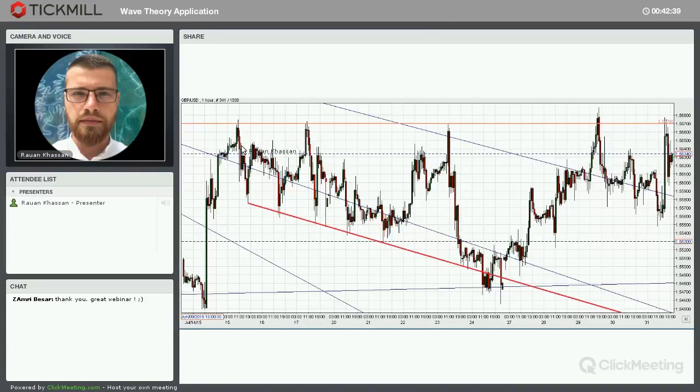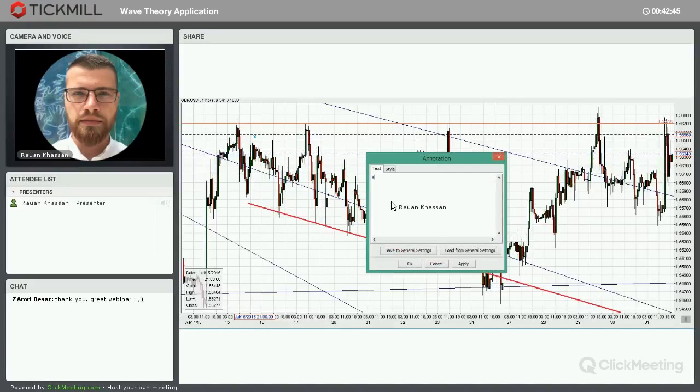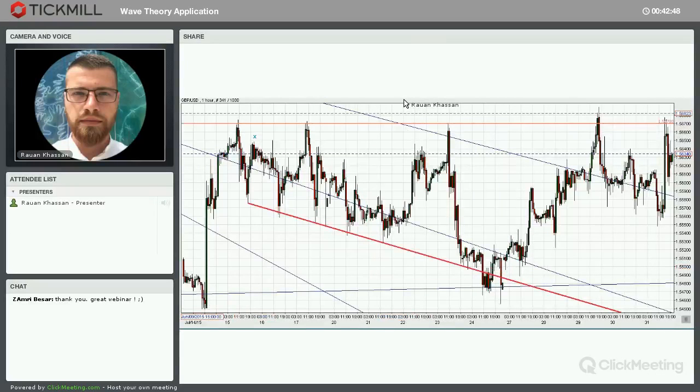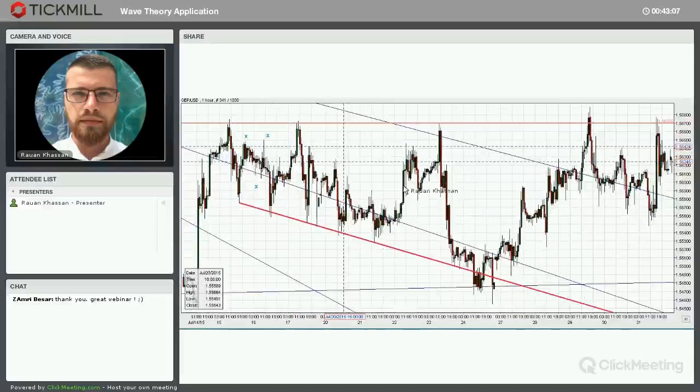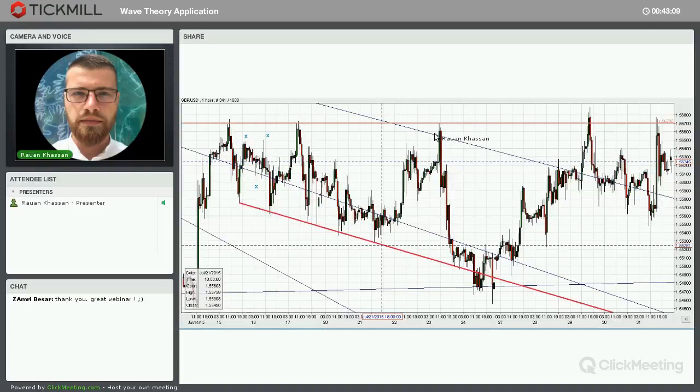So let me do it quick with X signs. So it's 1, 2, 3 as an example. Here again, 1, 2, 3, and then once again, 1, 2, 3. The wave D consists of 3 elements as well.